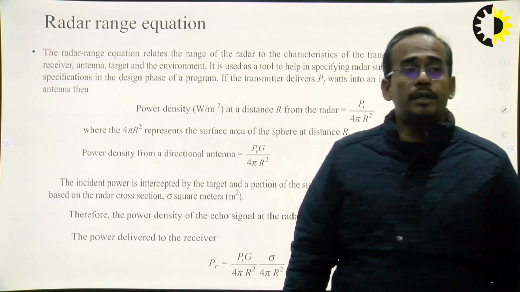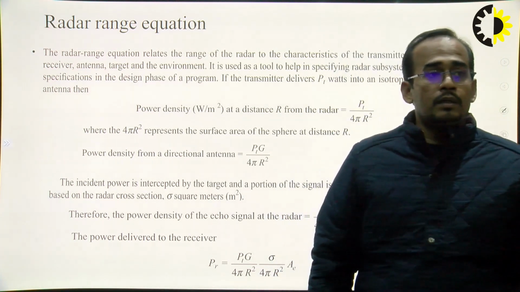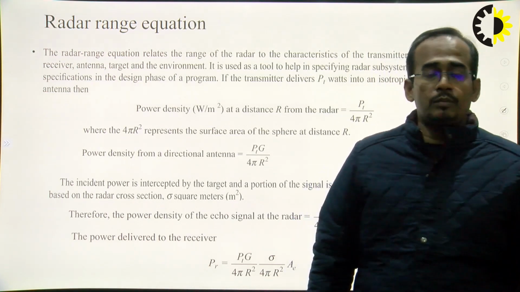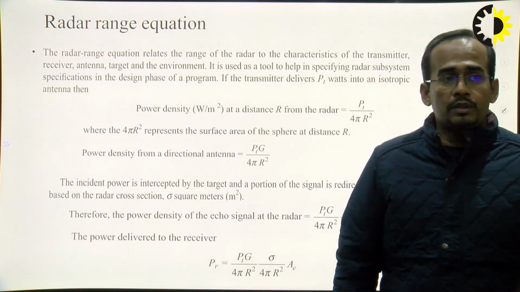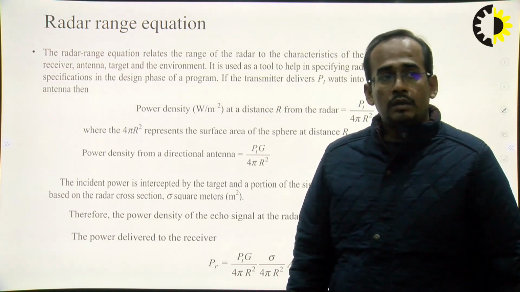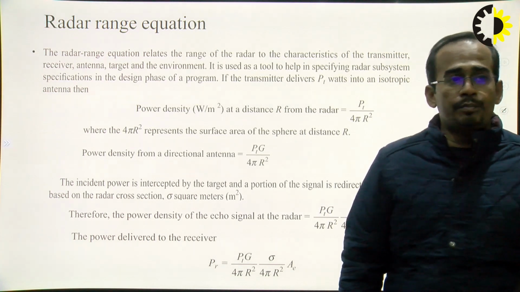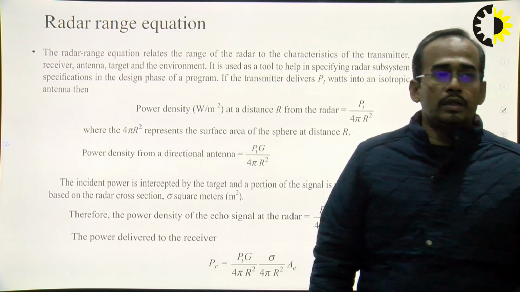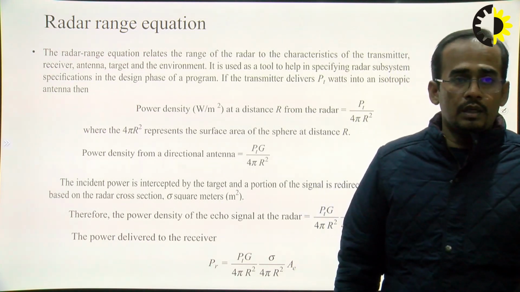This is the incident power. We can find the power density from a directional antenna by multiplying with the gain G.